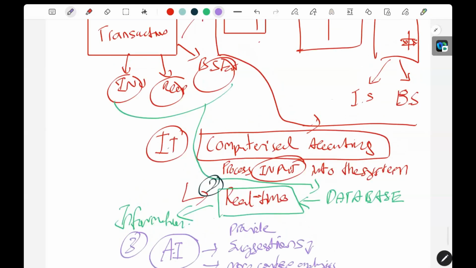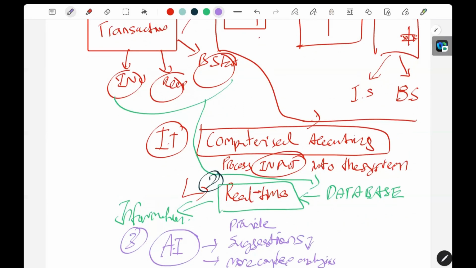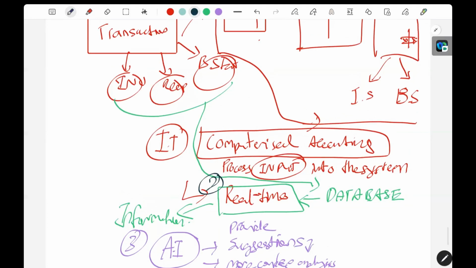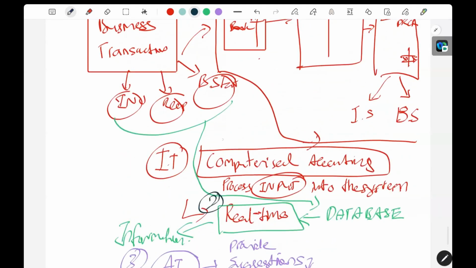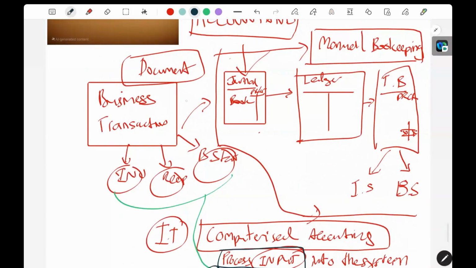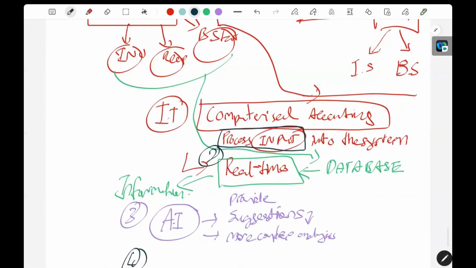Before going to this one, you can see that technology evolves. This time, these are the time where you got the computer, and then when technology evolves further, you process all of these transactions. Last time you record manually into here, then you process them as input, you do the data entry.